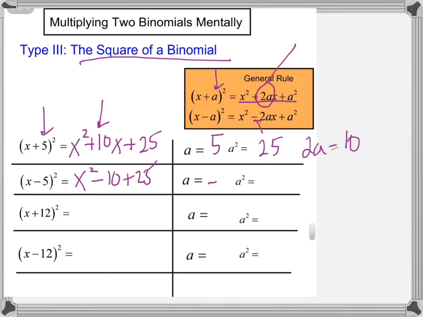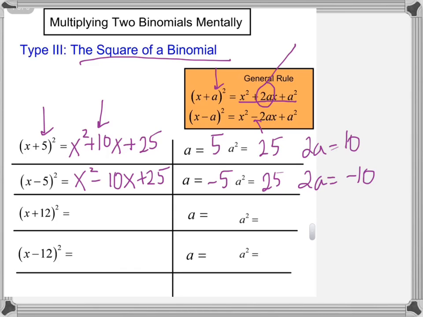And the next one, a was negative 5. So again, a squared is positive 25, but 2a would be negative 10. And again, that's why we had that combination. Oops, I'm missing the x on my term here.